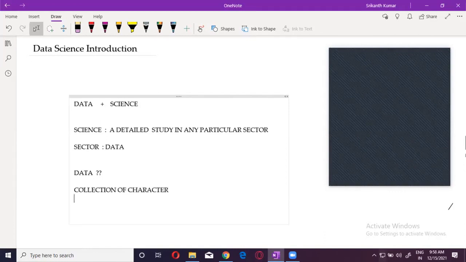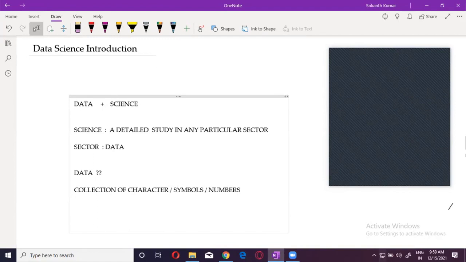Okay. It can be a collection of symbols. Okay. It can be a collection of numbers, guys. This is what is called data.